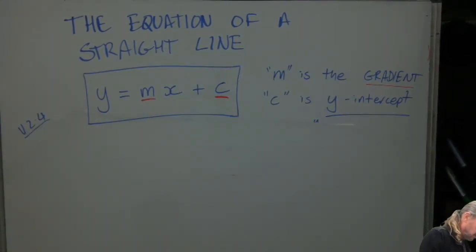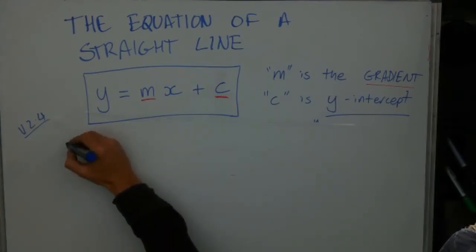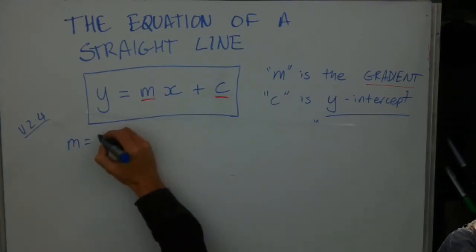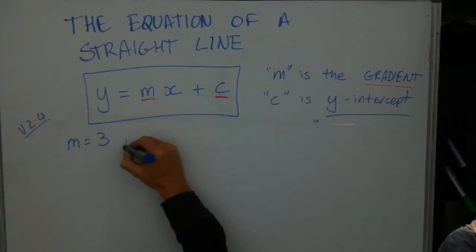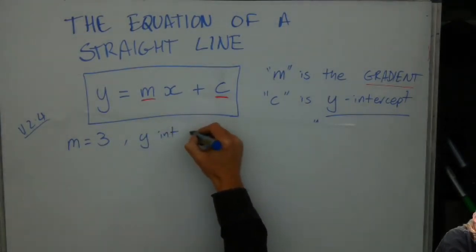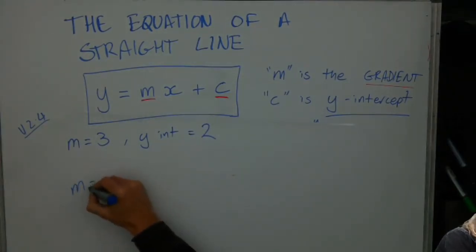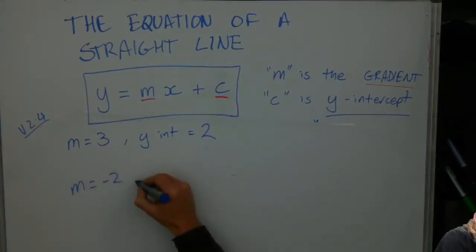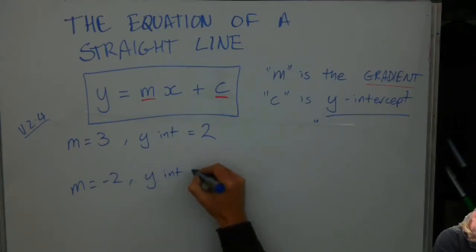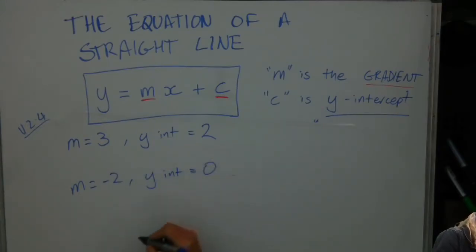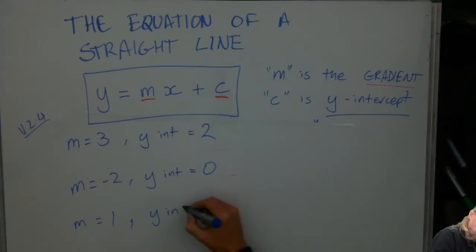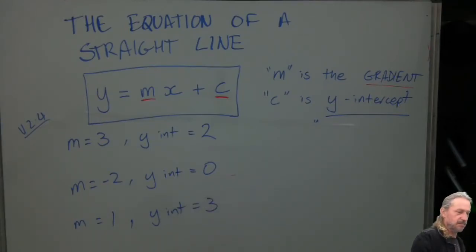So we're told that the gradient, I'll just write it as m equals 3, and the y-intercept equals 2. Then the gradient equals -2 and the y-intercept equals 0. Gradient equals 1. Y-intercept equals 3. Okay, so I'll change back to red for these.